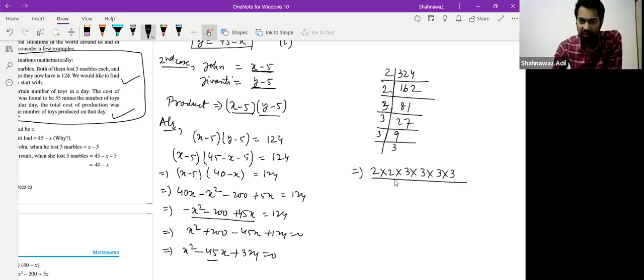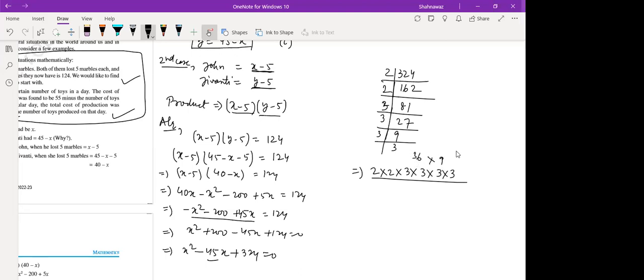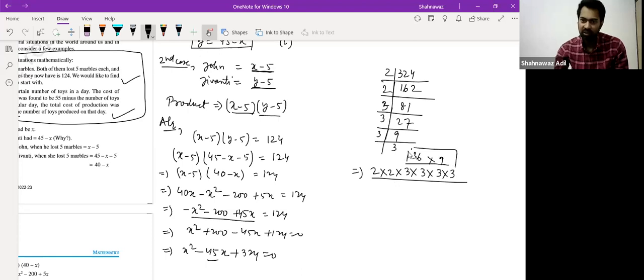Let me give you a hint. So 2 fours are 8, 3 fours are 12, 3 nines are 36, 3 threes are 9. So does this serve our purpose? What do you guys say?